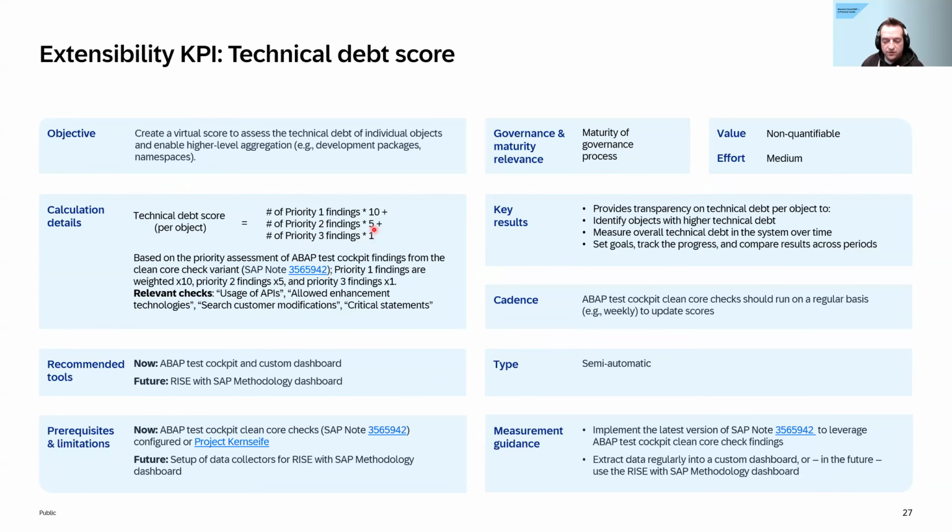And now I can compare it with other objects, and that's interesting because you get a huge list of objects in your system, and you can say, hey, which one is the object with the highest technical debt score? Maybe it's a surprise. Maybe it's something where you say, hey, this is okay. This is our most critical, most complex development. We anyway want to decommission it in the future.